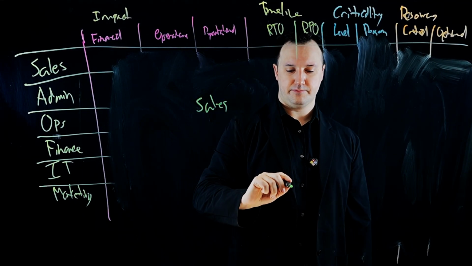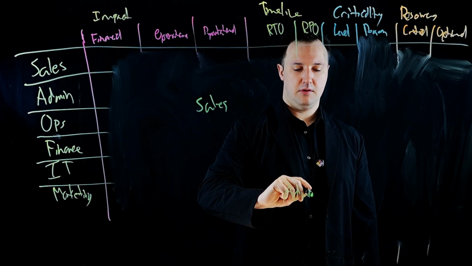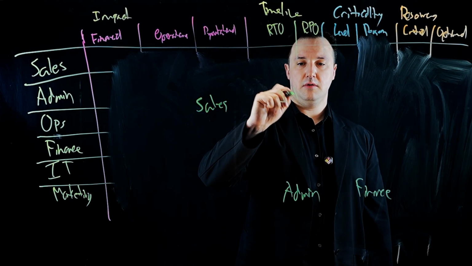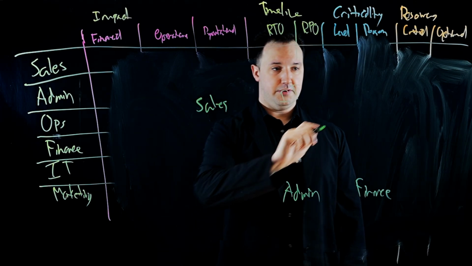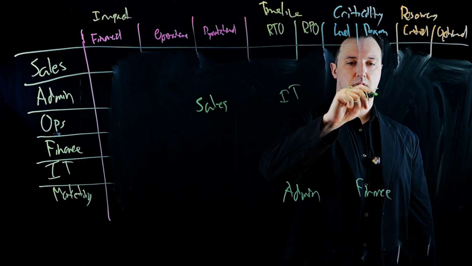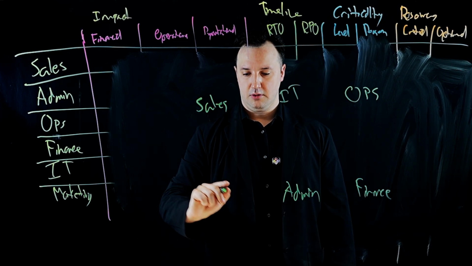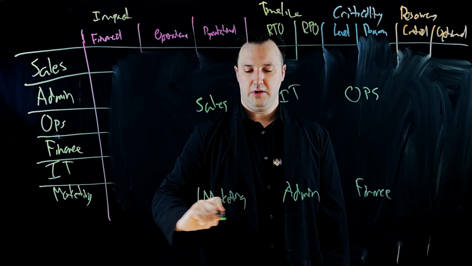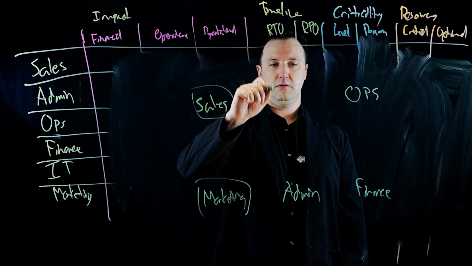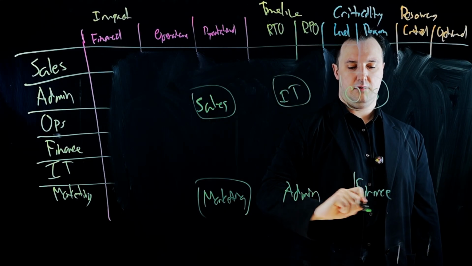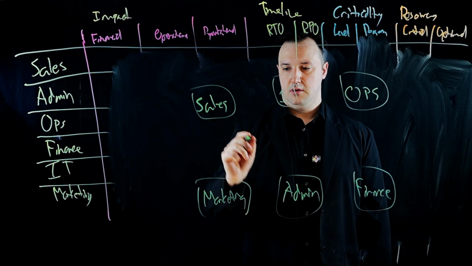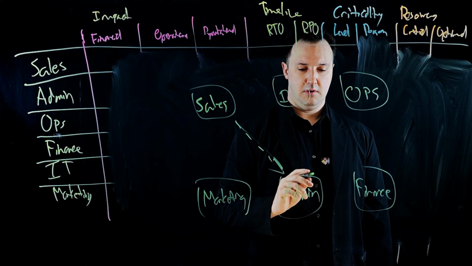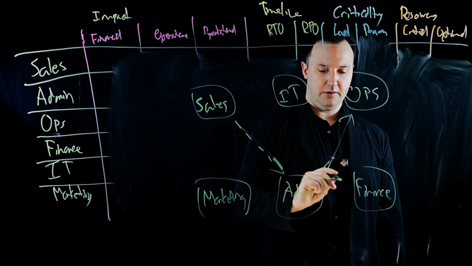Sales. We put admin down here. Finance was here. We had IT up here. We had ops here. And we had marketing here. We had our boxes. That arrow was partial. That was double lined.